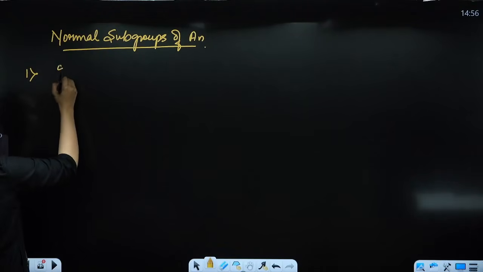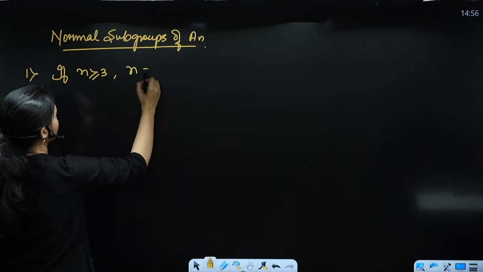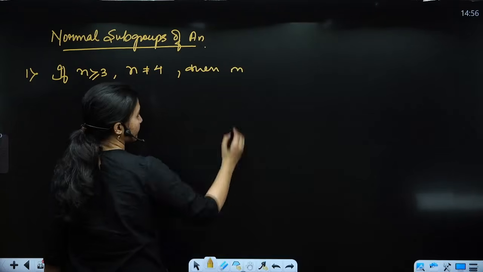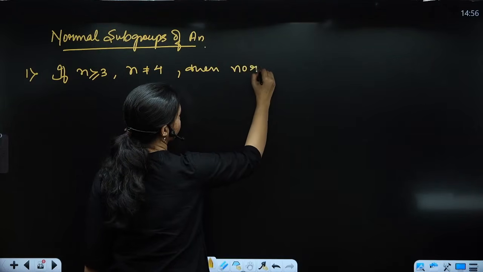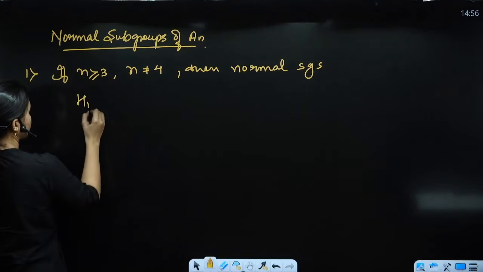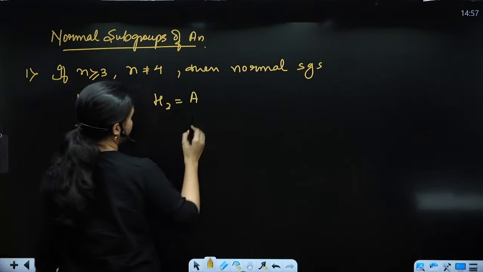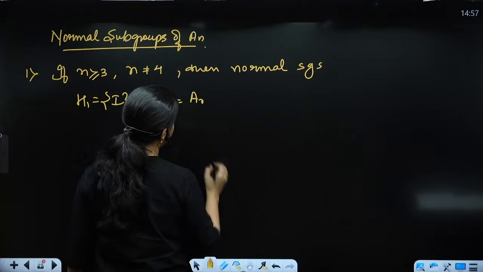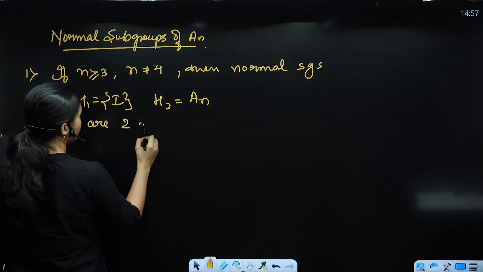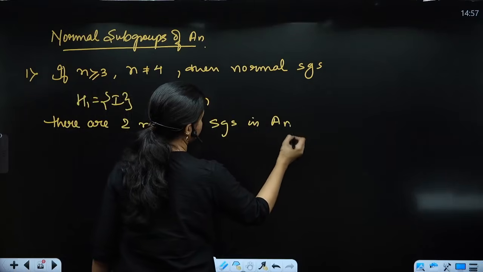Now let's talk about normal subgroups of An. Same scenario, if n is greater than or equal to 3 and n is not equal to 4, okay, then normal subgroups are H1 equals identity, H2 equals An. There are 2 normal subgroups in An, right?